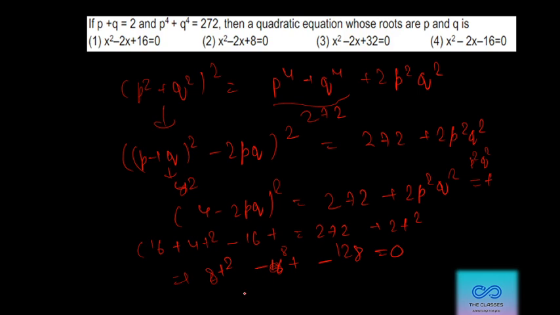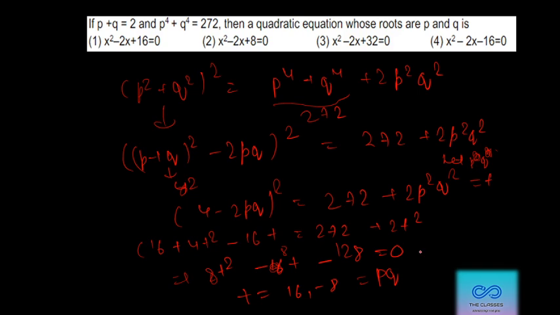So from here we get t value as 16 and minus 8, which is the pq value. Sorry, I wrote p square q square here; it is pq basically. Let pq equal t, we have assumed it.